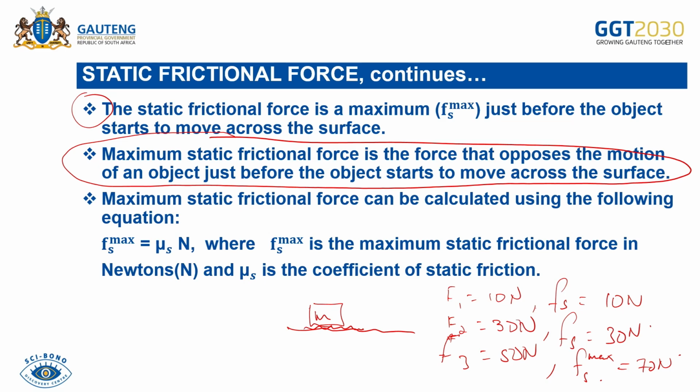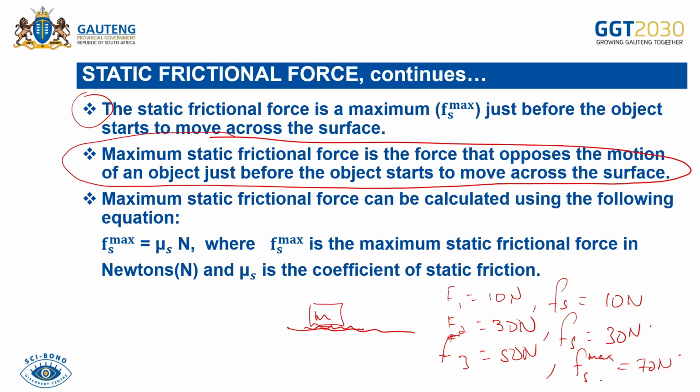Okay, so what is important here is that when you apply a force on an object and the object does not move, the magnitude of the force that you are applying will be equal to the magnitude of the static frictional force.